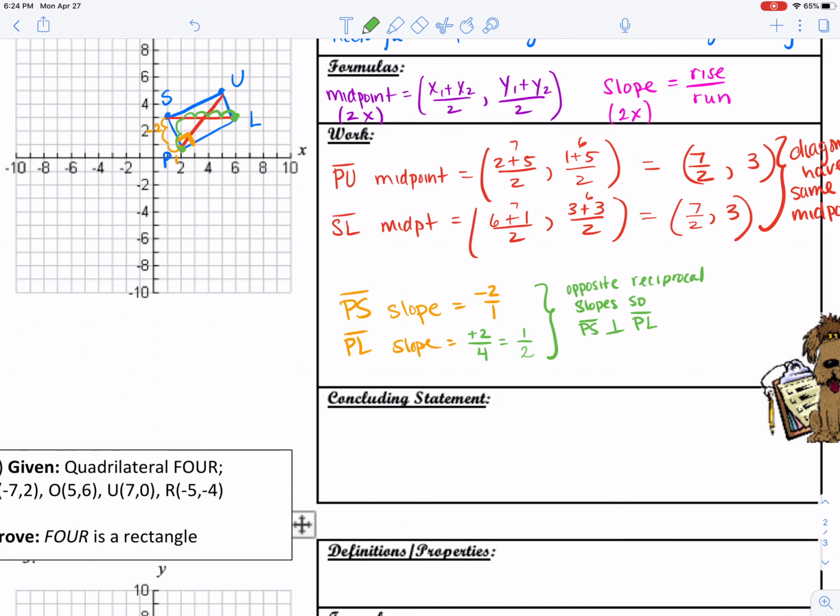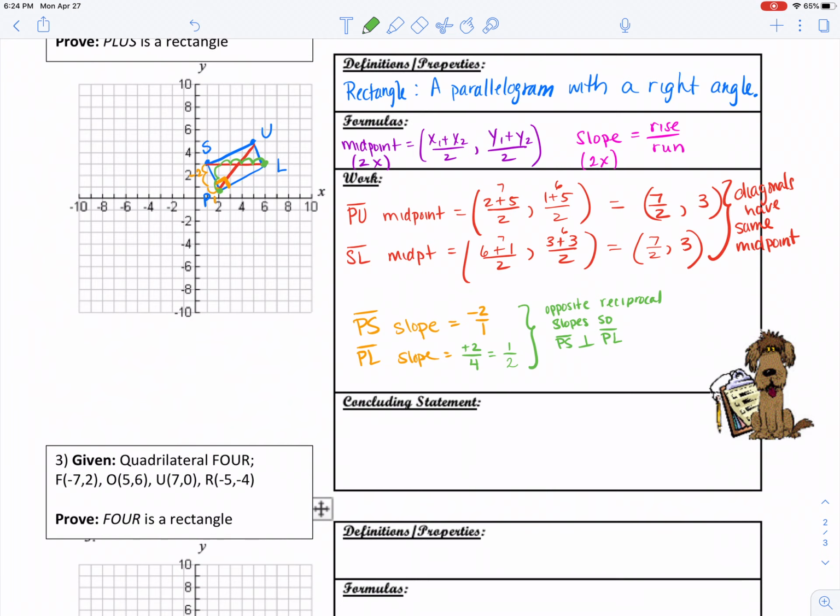So now, after showing that they have diagonals that bisect each other because they have the same midpoint, and two consecutive sides that are next to each other that have opposite reciprocal slopes, so they're perpendicular.